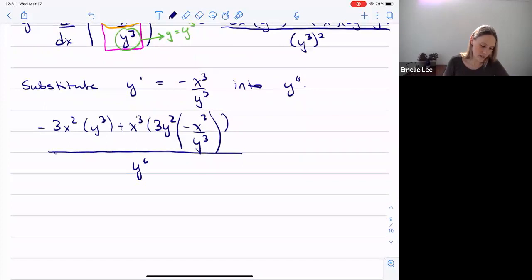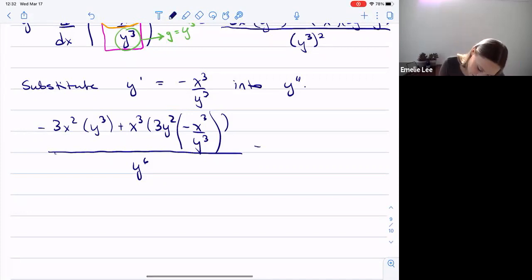There are a couple of things that you could do, right? First thing I'm going to do is bump this negative outside, and then I'm going to be able to cancel my y squared in the numerator, leaving 1y in the denominator. And then x to the 3 times x to the 3, I can simplify that a little bit.